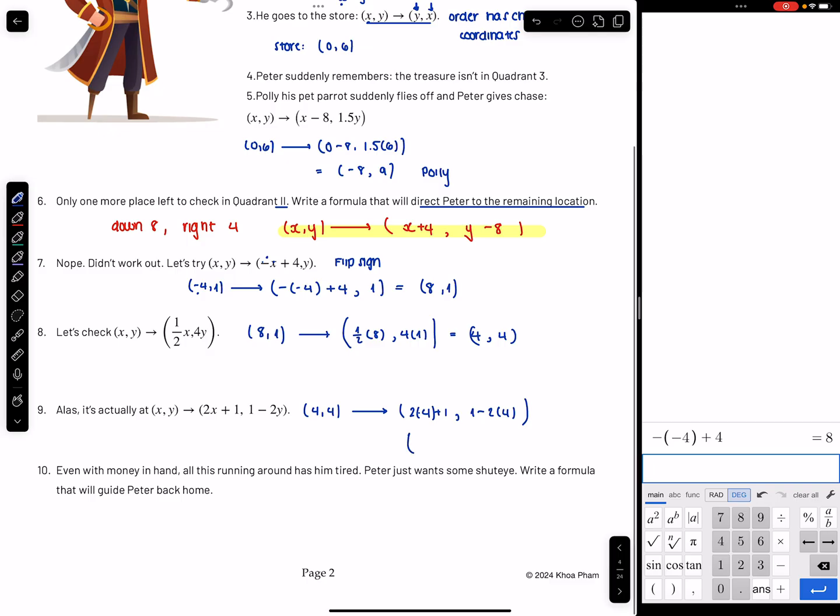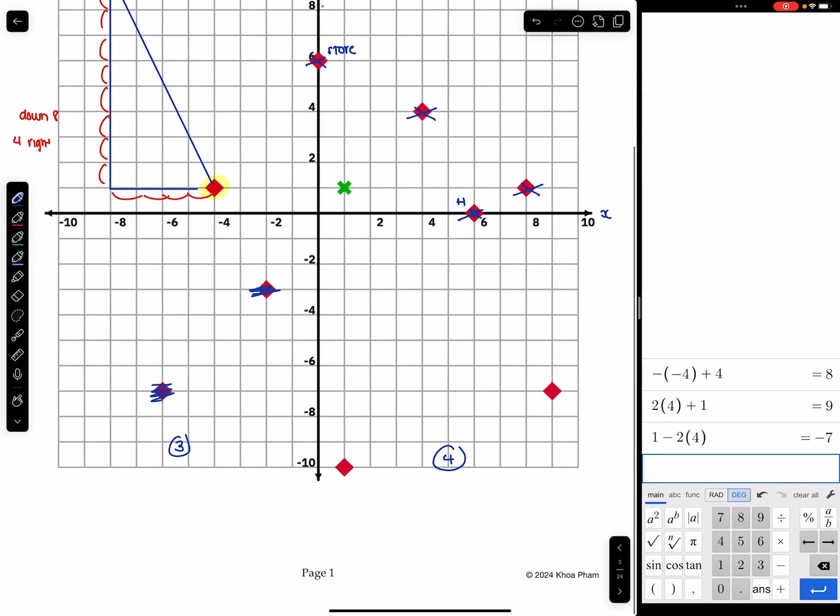And so this gives us an x coordinate of 9, 2 times 4 plus 1. And then a y coordinate of negative 7. And so 9, negative 7 is right here. This is where our booty is mateys.